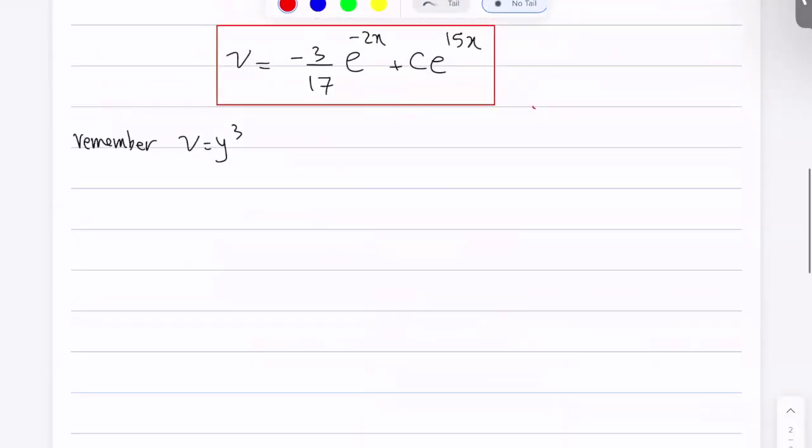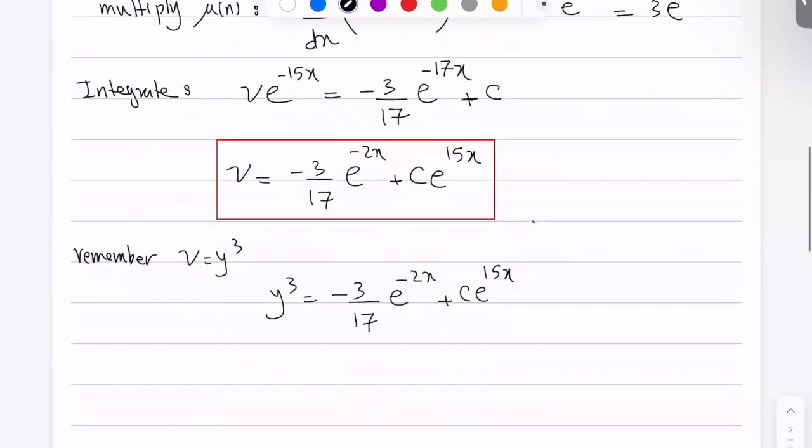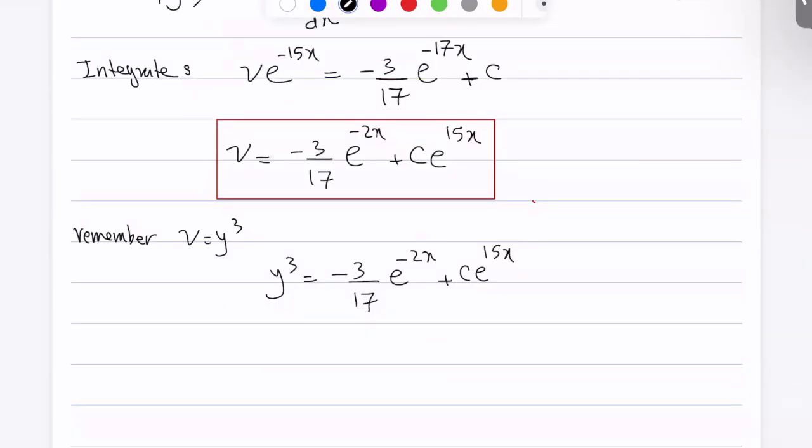So we basically back substitute and we get y cubed is equal to this. Okay, so we are basically done. We have y in terms of x, right? You can, of course, take the 1/3 power of this to get just y.